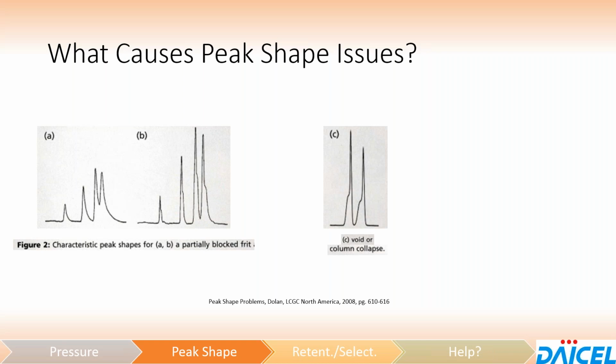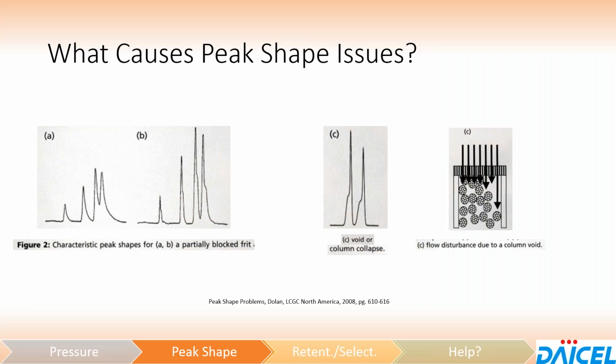And again, if we look at a diagram of what's happening in the column itself, it makes sense. You're going to have some kind of a void potentially that has formed at the inlet frit. You've got a portion that's coming through in kind of your main slug, so your main sharp peak here. Then you also have a portion that's going to be flying through much faster than the rest of it. So you have a small portion and then it comes out as a shoulder in the front.